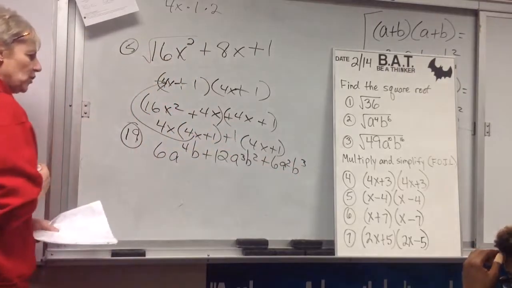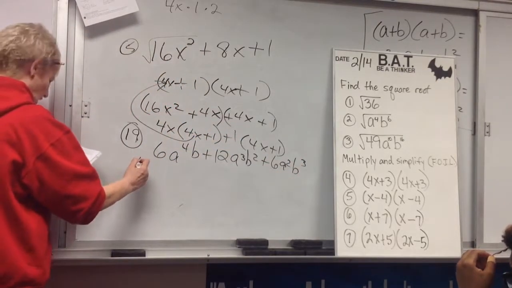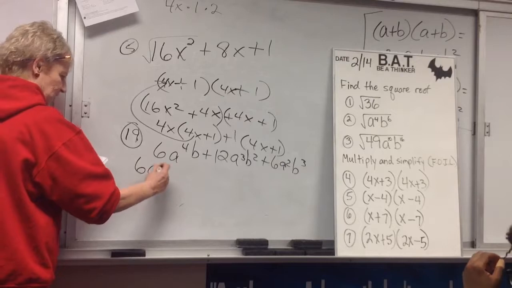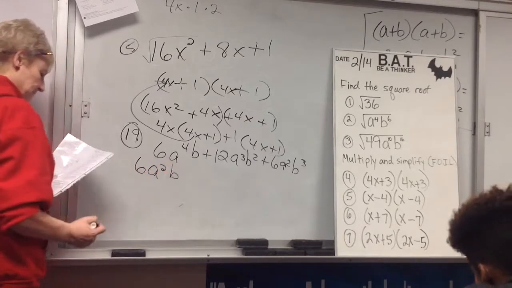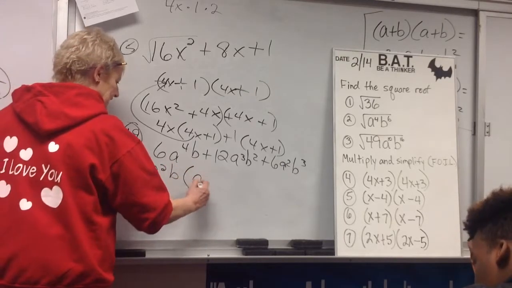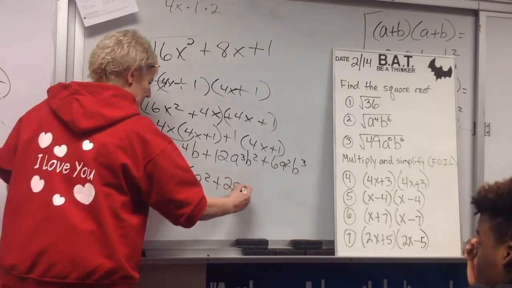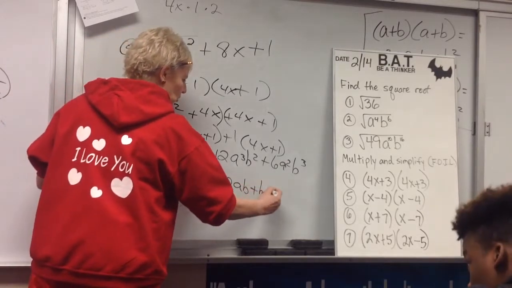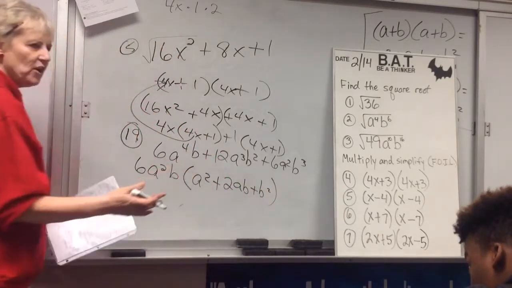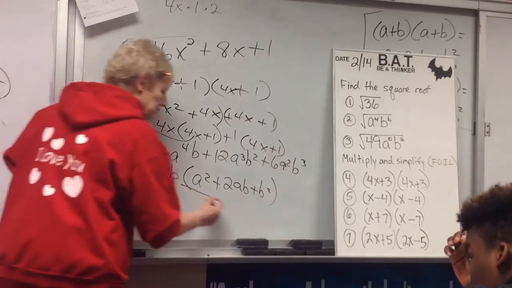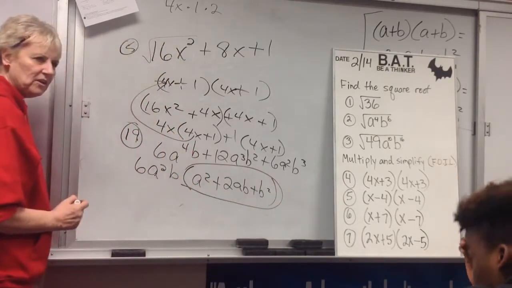When you pull out the greatest common factor, they all had a 6, an a squared, and a b. You got a squared plus 2ab plus b squared. And you probably didn't know how to factor that. This is a perfect square trinomial.